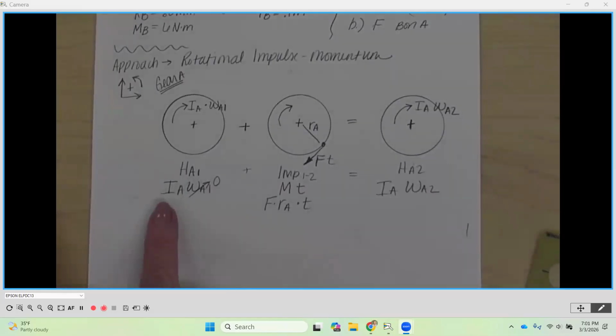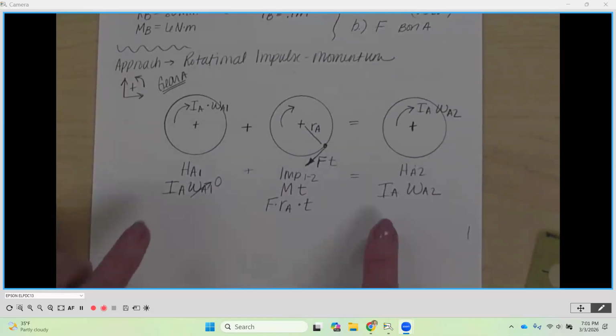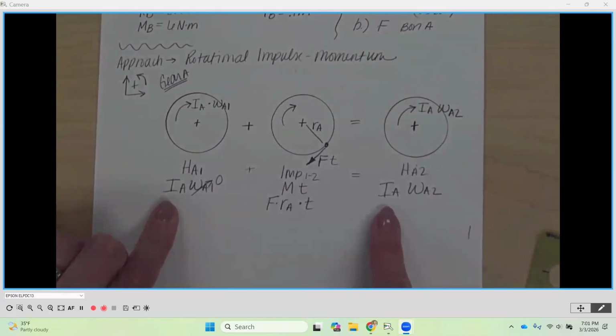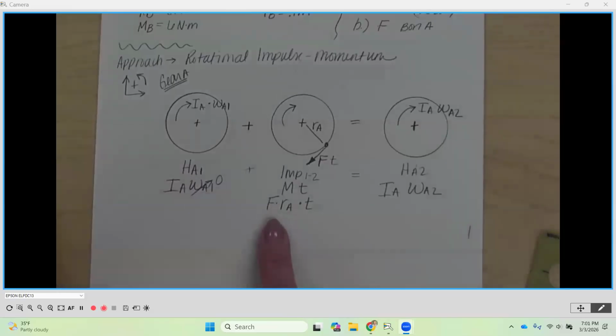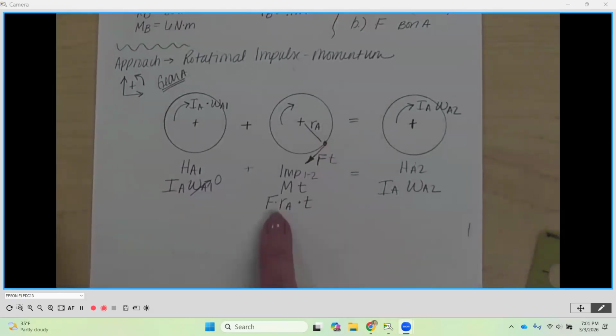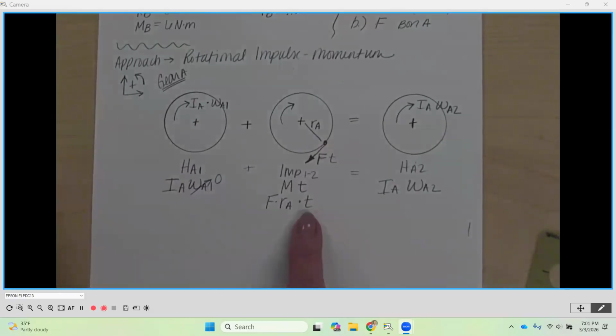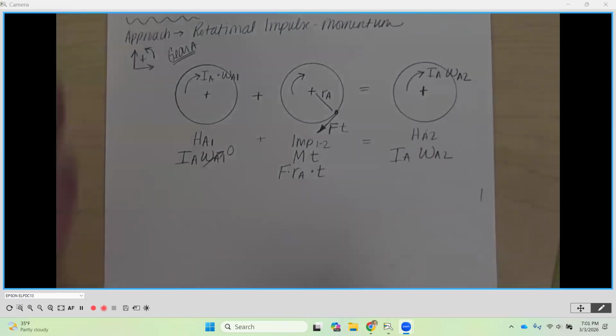So if we look, the parts that we have to find are the moment of inertia of gear A, and that force, which is going to end up being unknown. We know what the radius is, and we also want to find the time. So we've got to do some calculating here and then plug them in.